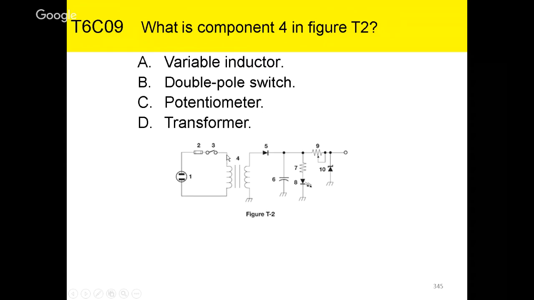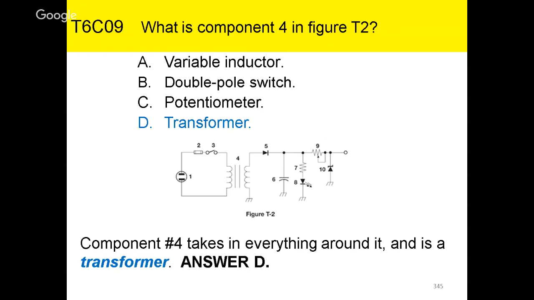It's actually an isolation component from the rest of the electrical circuit, and it will transform or transfer the voltage, the electrical power, from one coil to the other. So this is a transformer, basically. Your answer is D.